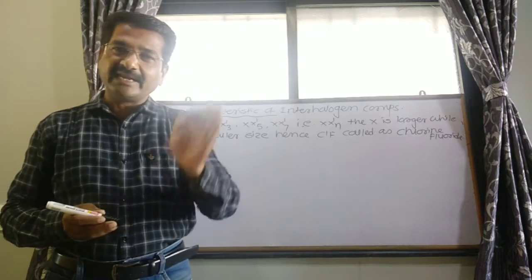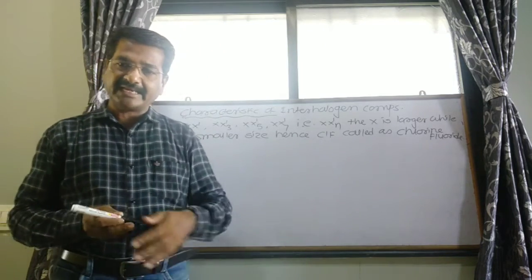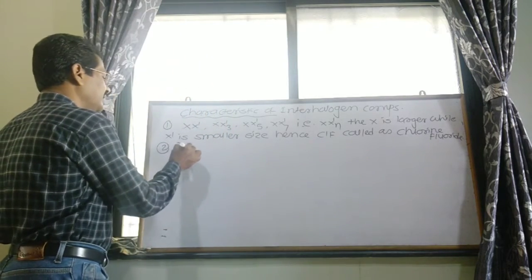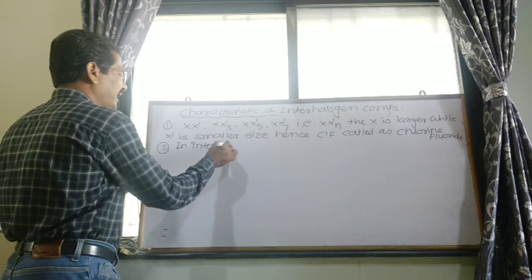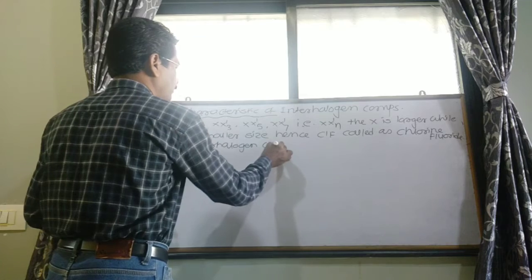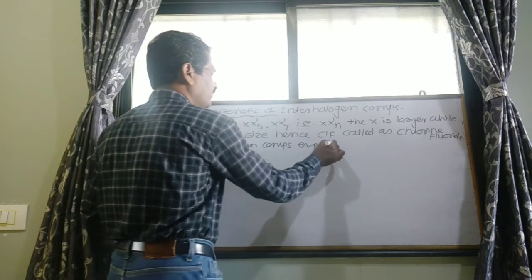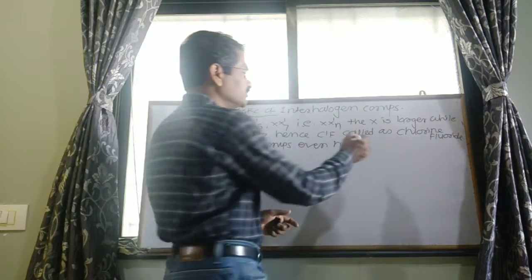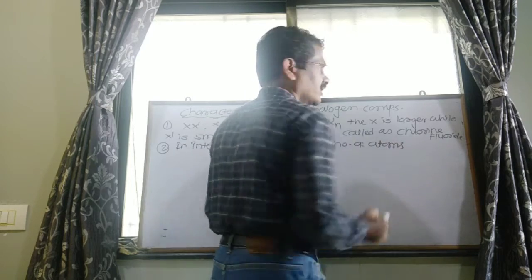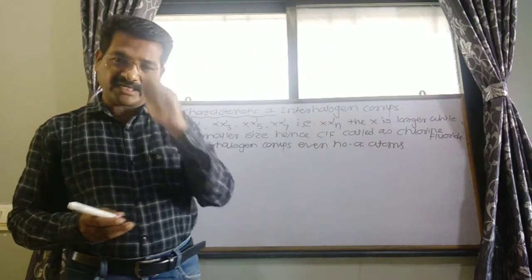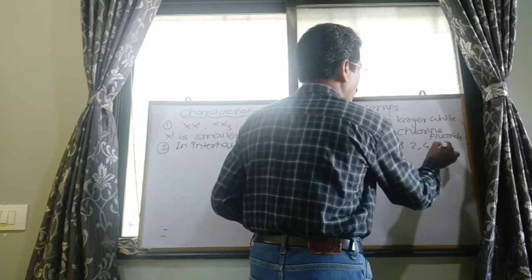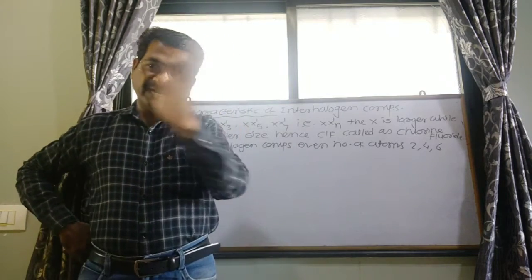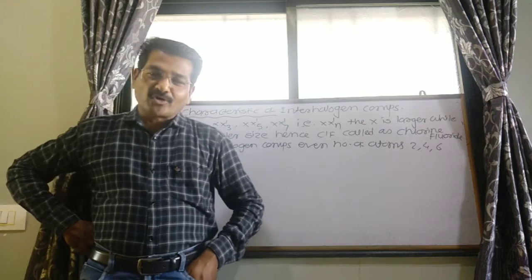Second characteristic: in interhalogen compounds, there is an even number of atoms, that is 2, 4, 6.